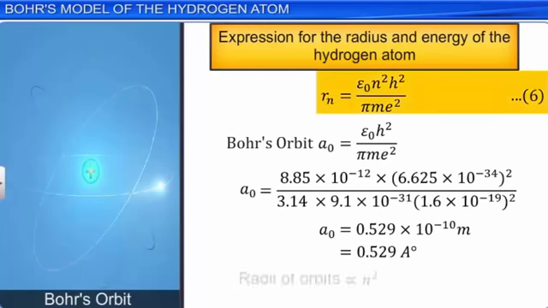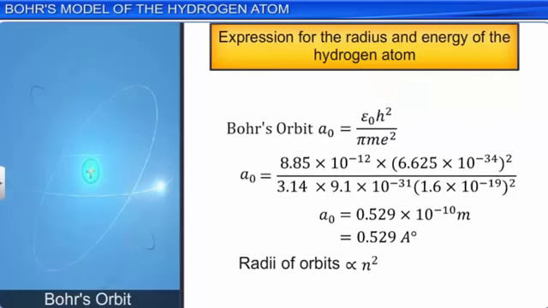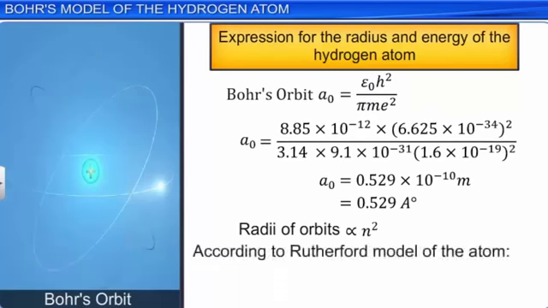According to Rutherford's model of the atom, the energy En of an electron for a particular orbit of radius Rn is equal to minus e square by 8 pi epsilon naught Rn, where n is the principal quantum number. Let this be equation 7.